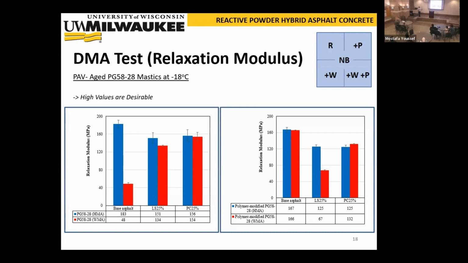Once you get into the polymer region, whether you use warm mix or not does not affect your relaxation, again because the polymer here is the dominant phase in achieving that relaxation. And as we saw at high temperature with the multiple stress creep and recovery, the particulates influence that ability again.